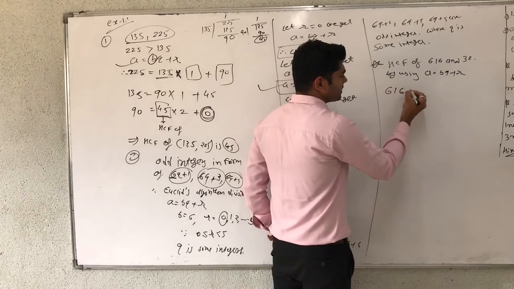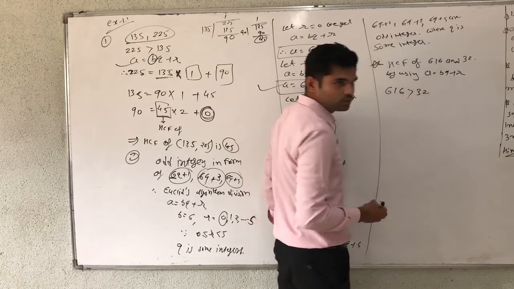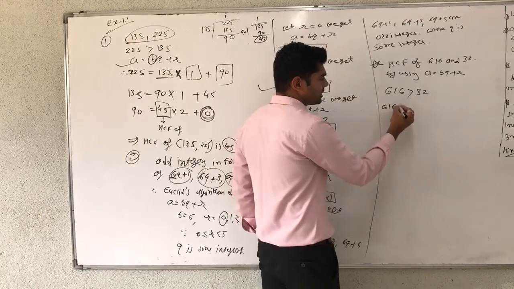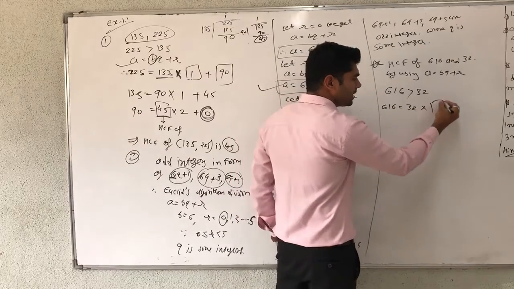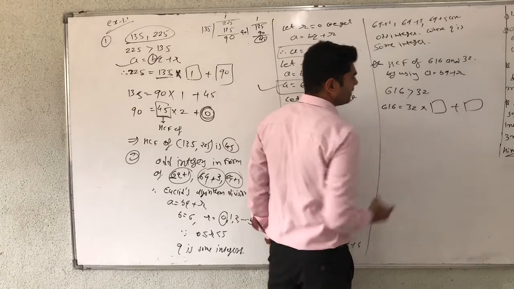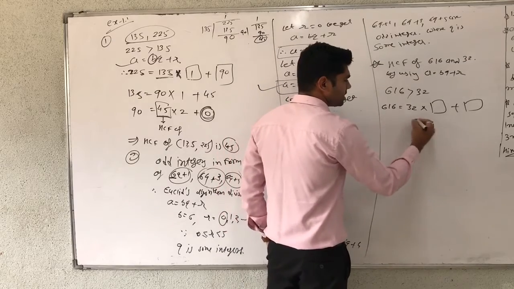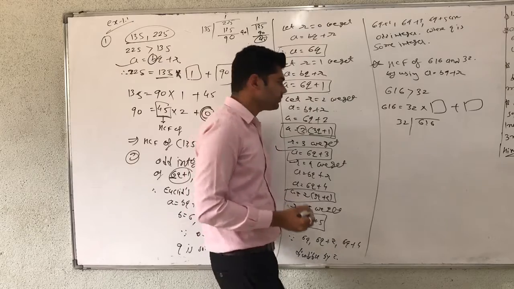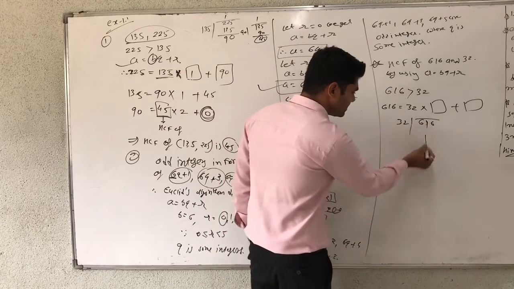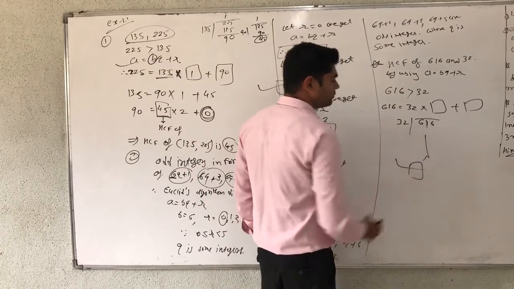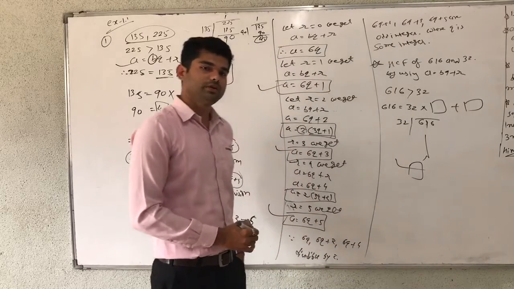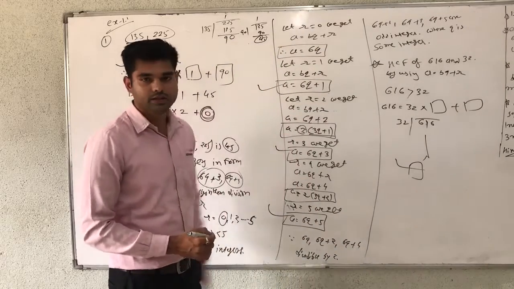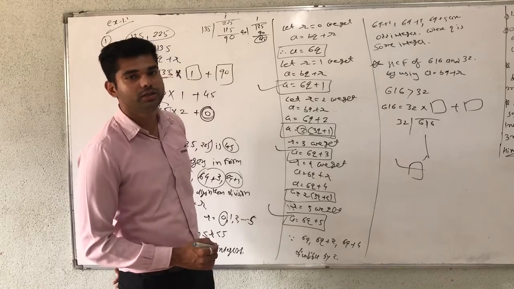616 is bigger than 32, therefore 616 is equal to 32 multiplied by some number plus remainder. It means we divide 616 by 32. The HCF of the given numbers gives the maximum members in one row.